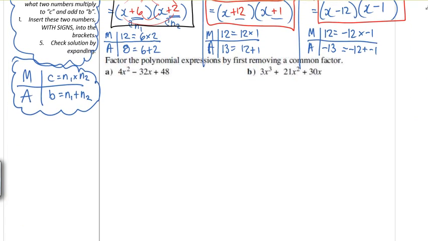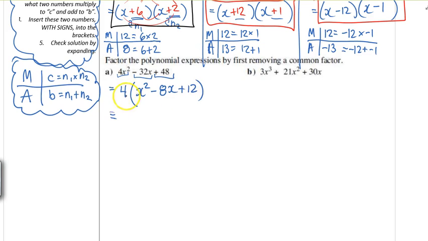Now, what's tricky about these two at the bottom is that there is a GCF that needs to be pulled out first. Okay, so what is common between these three? Looks like it's a 4. So I'm going to bring that GCF to the front and leave everything else that isn't common behind. So minus 8x plus 12.